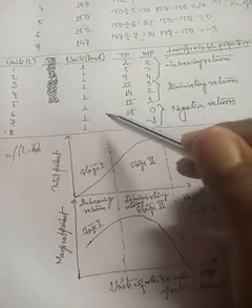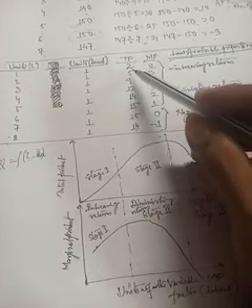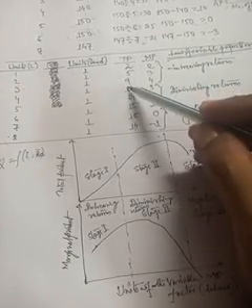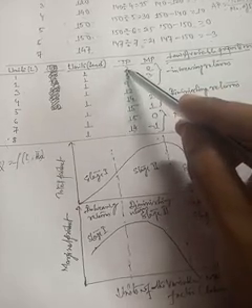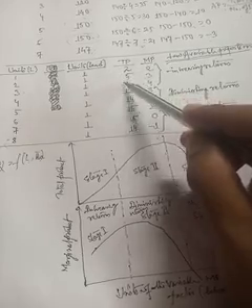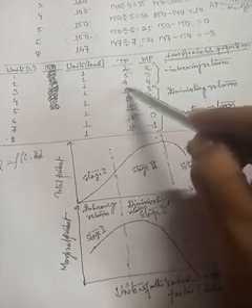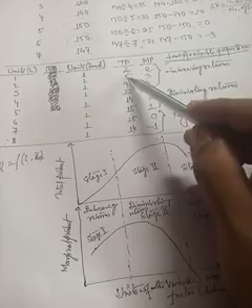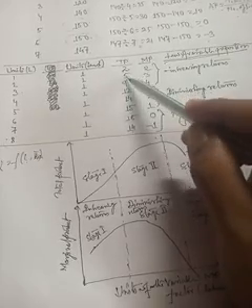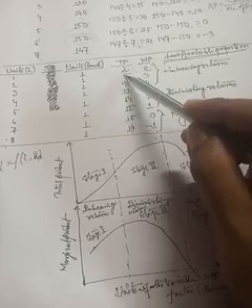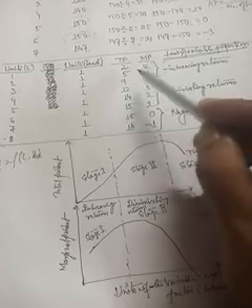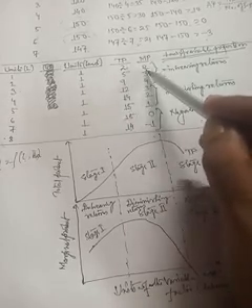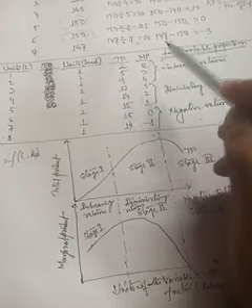Increasing return means production increases but at an increasing rate. Increases at an increasing rate means first 2 units of total product, then 5 units, then 9 units. So total product not only increases, its rate also increases. First change is 3, second change is 4.